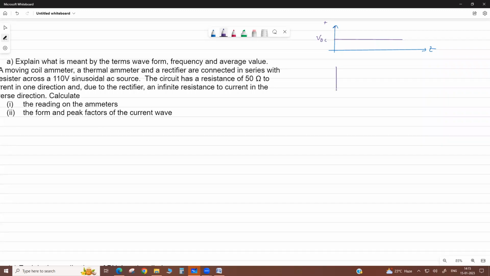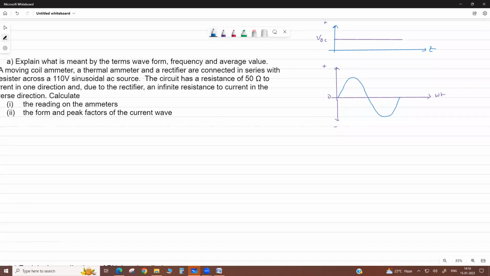But when we see AC, this axis is omega T, the time period. This part is positive, this part is negative. So the voltage or current waveform is alternating, correct?